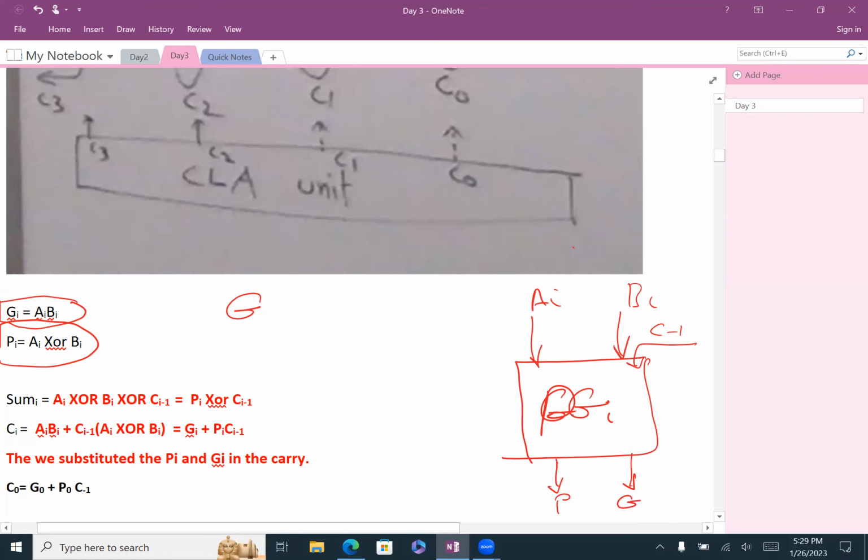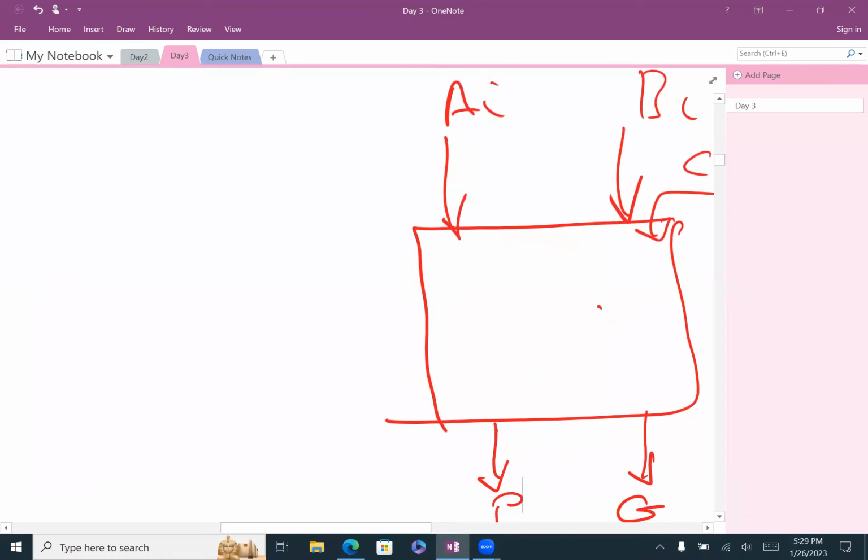And what is the circuit inside? Let me clean that and try to draw. What is the circuit for the G? Just remind me. An AND gate, with A and B. And the other one is the XOR.